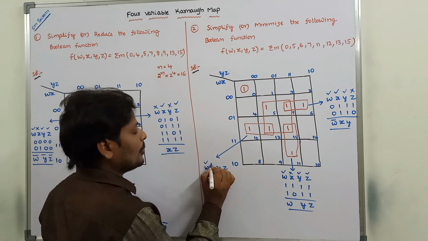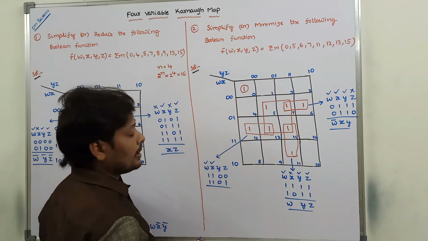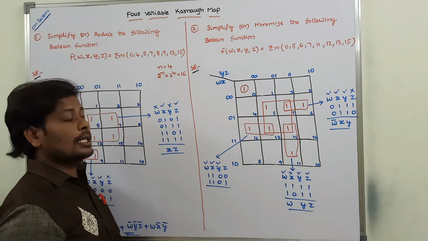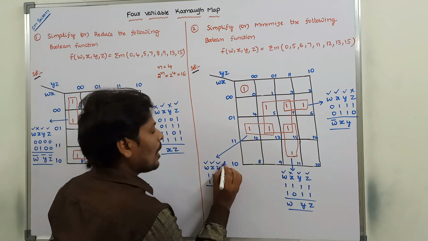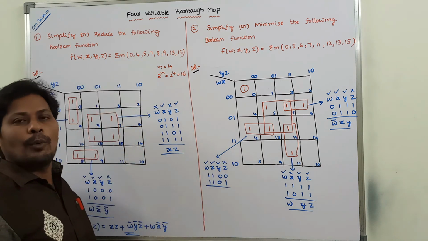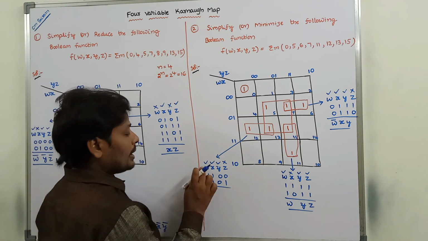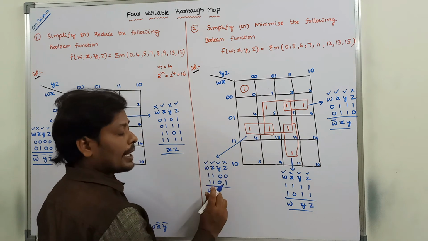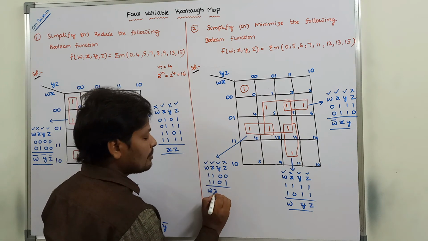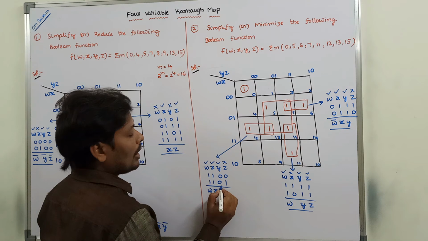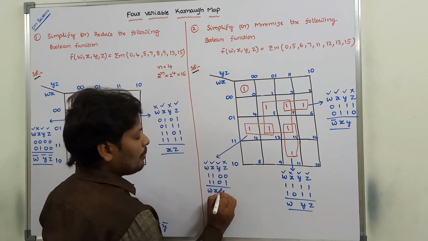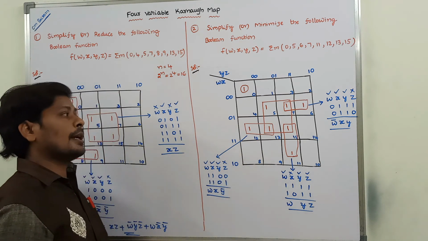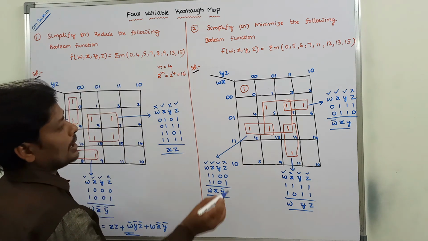Under the X column only ones, consider it. Under the Y column only zeros, consider it. Under the Z column a combination of zeros and ones, so we ignore it. W value 1 means W. X value 1 means X. Y value 0 means Y bar. Z is ignored.